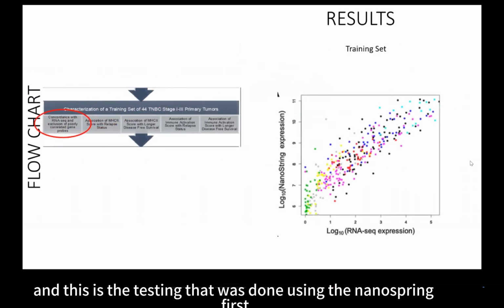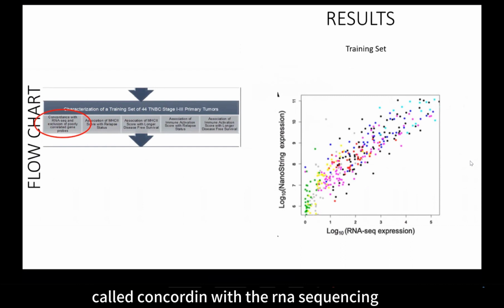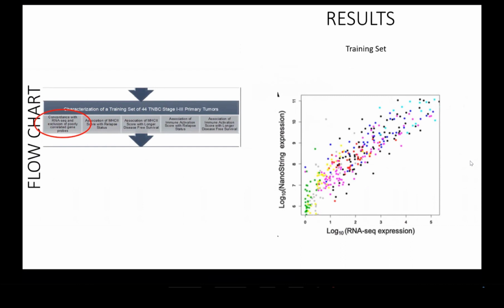And this is the testing that was done using the nanostring. First, they wanted to compare whether the nanostring expression was concordant with the RNA sequencing, and they had a concordant result.